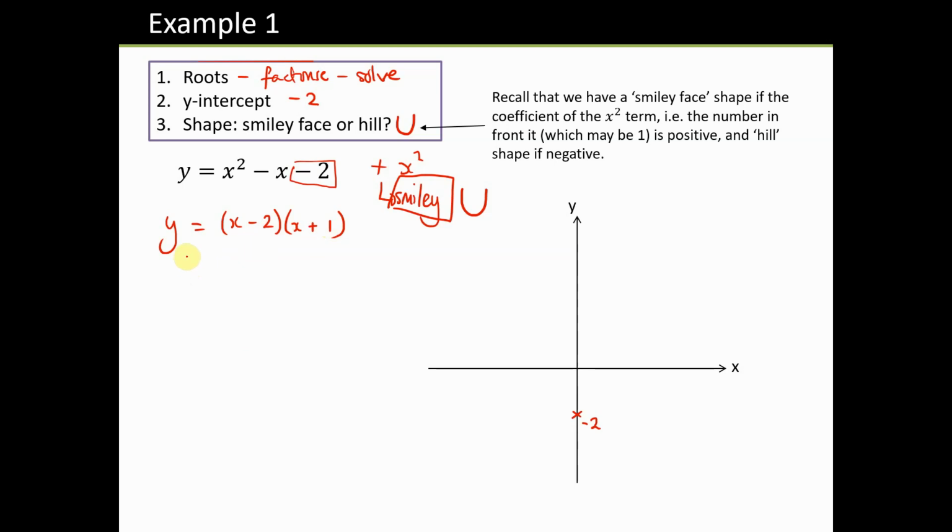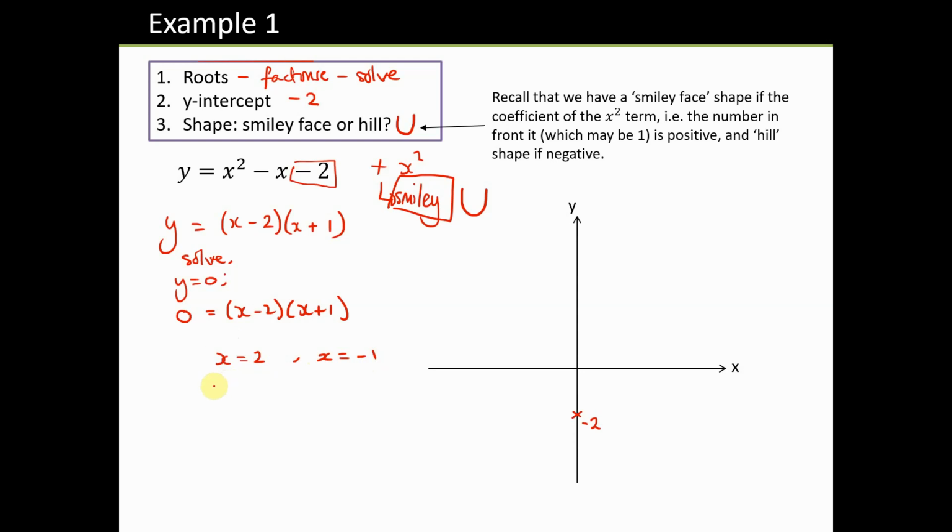To solve this, I need to set y equal to 0, so 0 equals x minus 2, x plus 1. And then when I solve this, it's going to be the opposite of what this sign is. So x equals 2 instead of minus 2, and x equals minus 1.